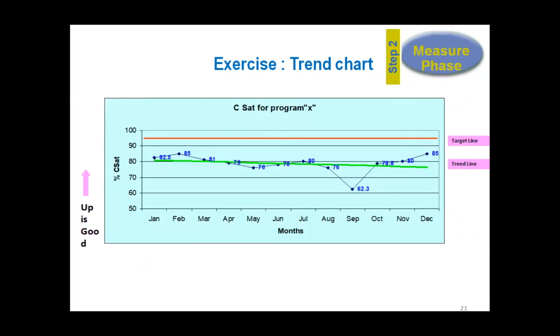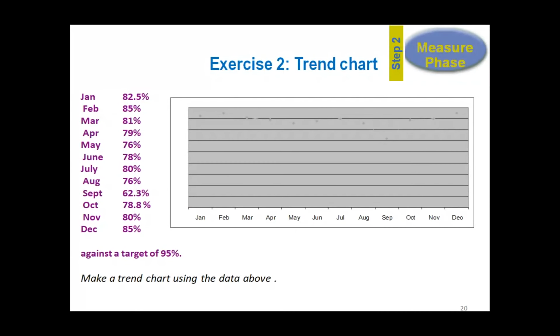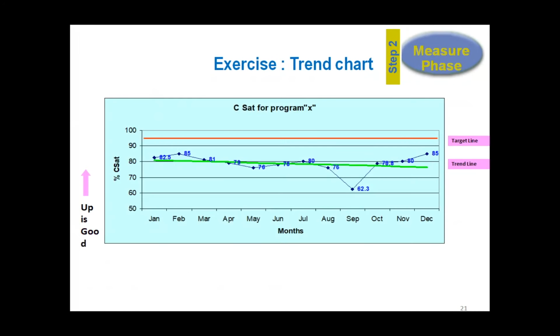So what I was saying is that if I look at this data on the screen now, I really can't figure out much in that. But if we represent it in a trend chart, we were able to easily figure out 5 interpretations about the process. So it really tells you about the program health at a glance, and that's the strength of this tool. Again, it's a simple tool.